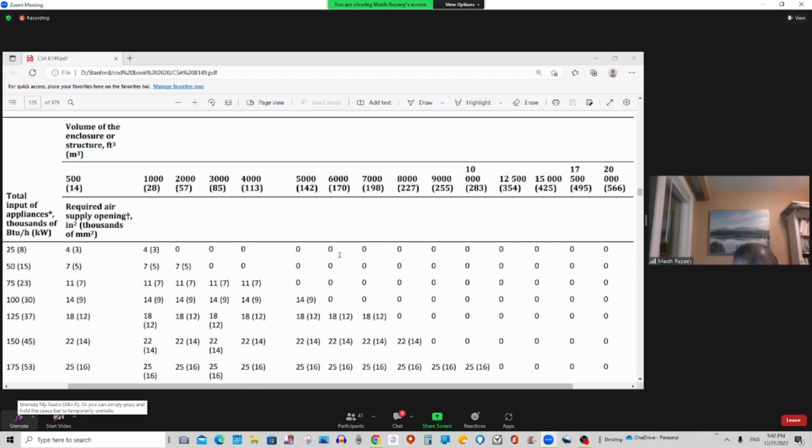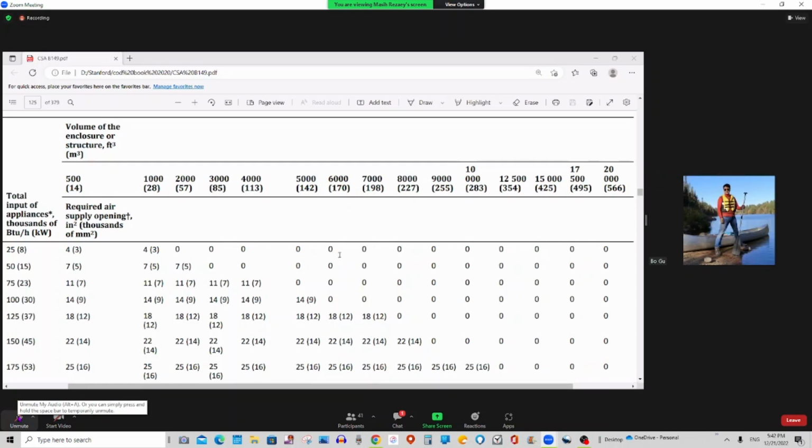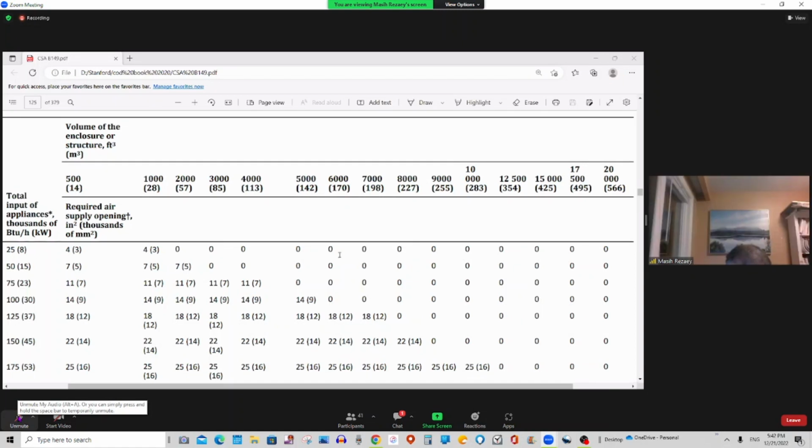So we have one furnace with natural draft, 110,000 BTU, installed in a house with a volume of 8,000 cubic feet, and it does not comply with clause number 8.2.1 A and B. Find the opening for the combustion dilution air.